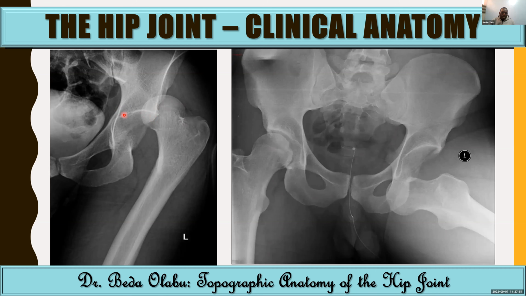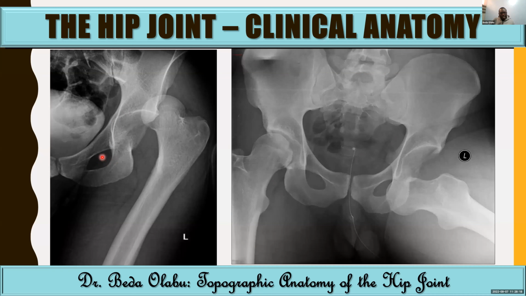Look, this is the acetabulum. This is the acetabular roof with the sourcil there. This is the acetabular floor. That's the pelvic teardrop. This is the iliopubic line, anterior column of the acetabulum. Ilioischial line, posterior column of the acetabulum.